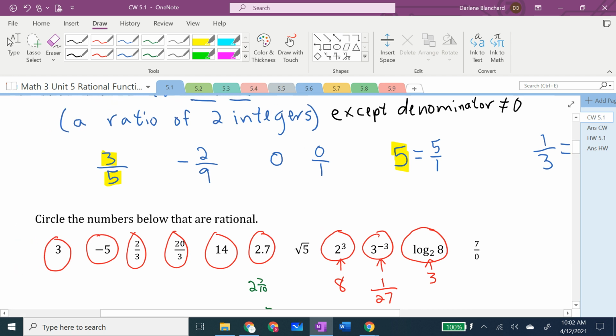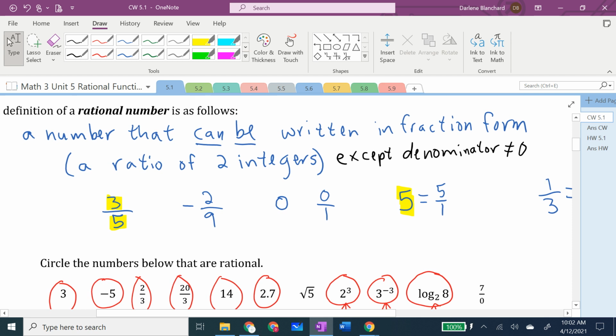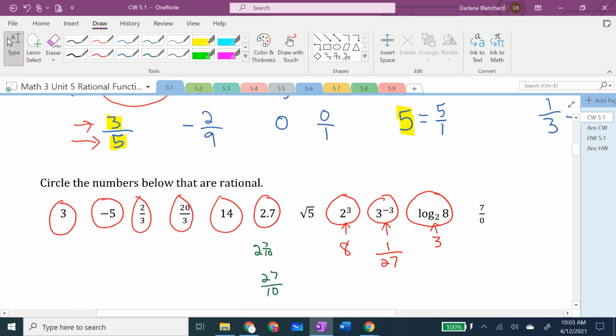All right, so if a rational number is something that can be written as a ratio of 2 nice numbers, integers are what we might say nice numbers, then a rational function is a fraction of 2 nice functions.